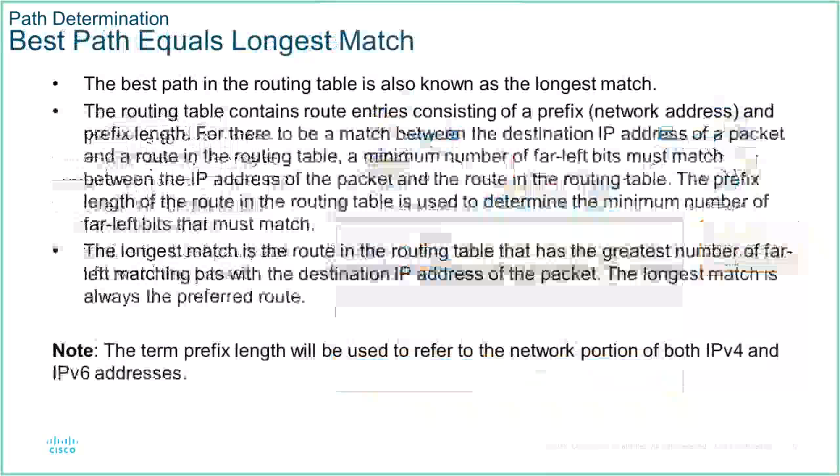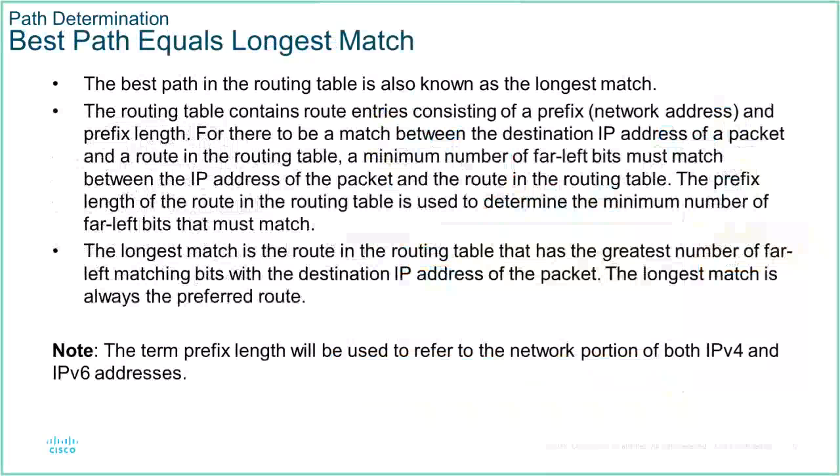So the best path is the one that matches the most. When we have similar routes in the routing table, we try to match the most bits as possible. So if the network address is 24 bits long, it's best if we can match 24 bits.